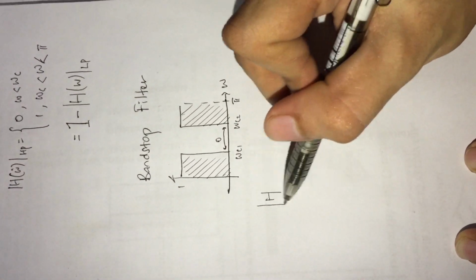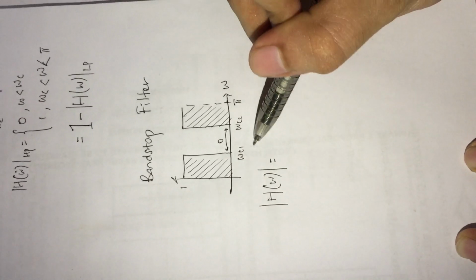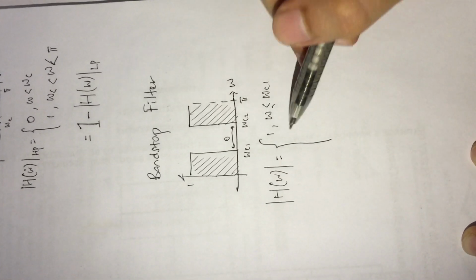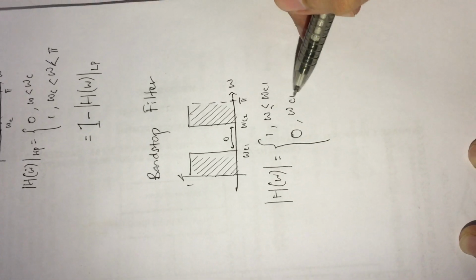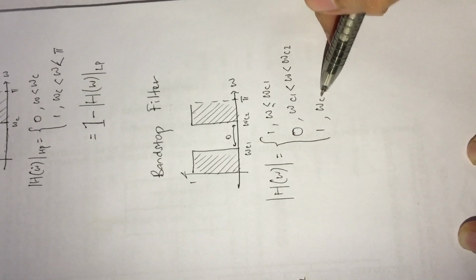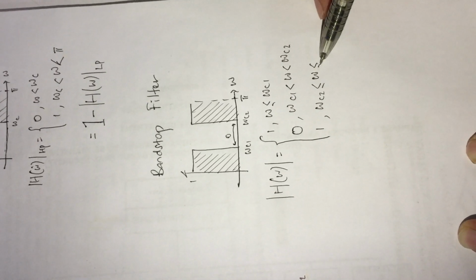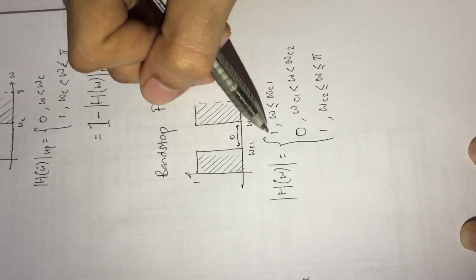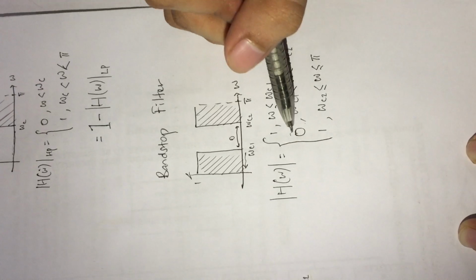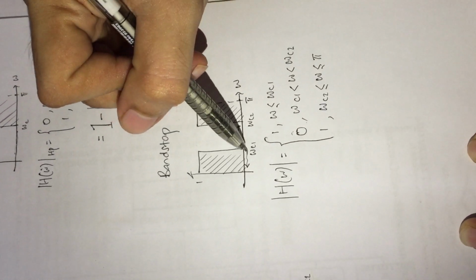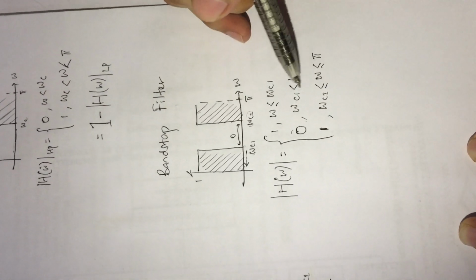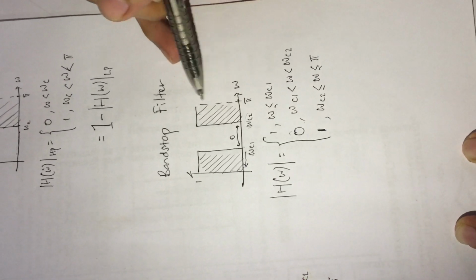So you can see the equation is: the amplitude is 1 when the frequency is less than cutoff frequency 1, the amplitude becomes 0 when the frequency is between cutoff frequency 1 and cutoff frequency 2, and the amplitude becomes 1 again when the frequency is between cutoff frequency 2 and pi.